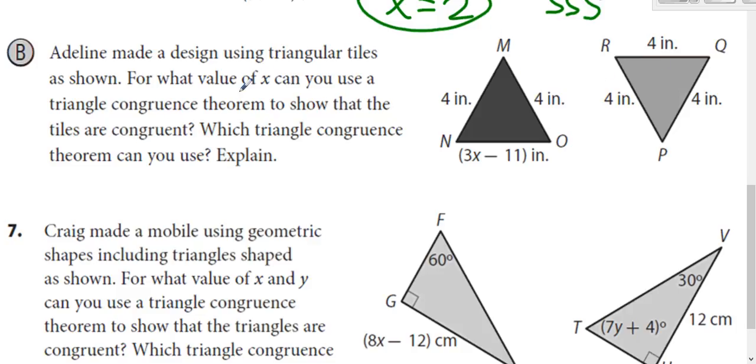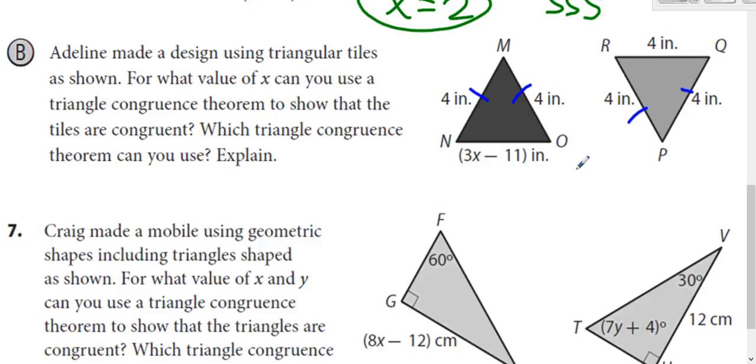Similar question, what value of x would allow us to use the triangle congruence theorem? So the 4 matches the 4, the other 4 matches the other 4. And then this side down here, 3x minus 11, would have to match up with the other side, which is 4.